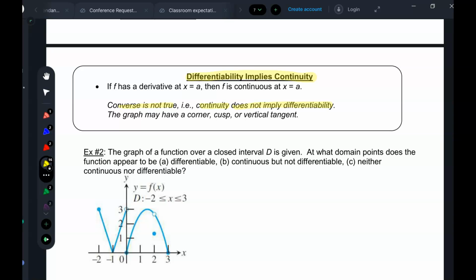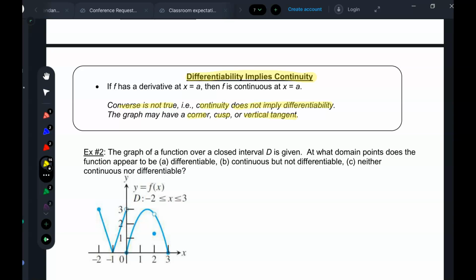All right. If it's continuous, that doesn't mean it's differentiable. Remember, we talked about those exceptions: the corner, cusp, or vertical tangent. The reason I want you to know that is there are times where I need you to justify why you can apply certain theorems.